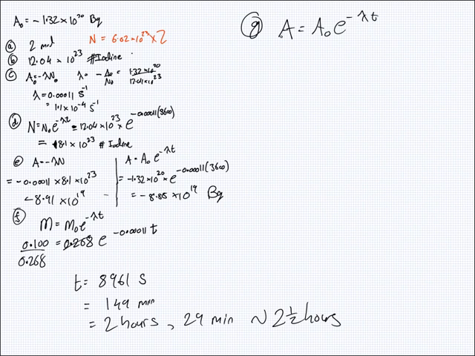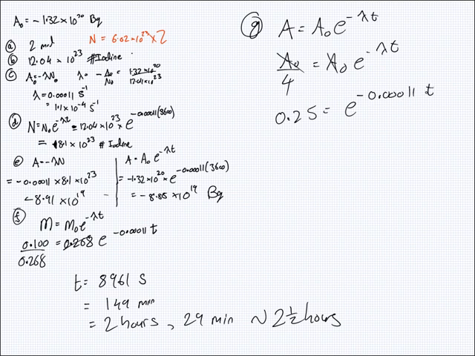But we want 1/4 of the activity. So that becomes A0 over 4 equals A0 e to the minus lambda t. Cancel, cancel. 0.25 equals e to the minus 0.00011 t. Log, cancel. So t will be log 0.25 over minus 0.00011.